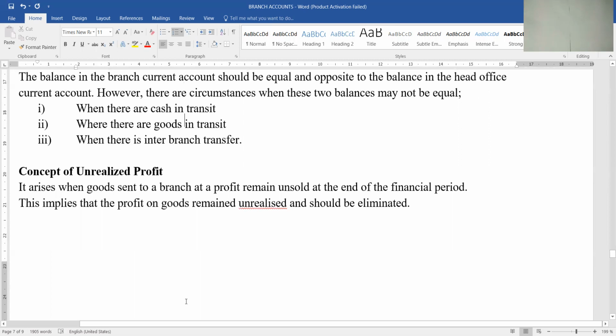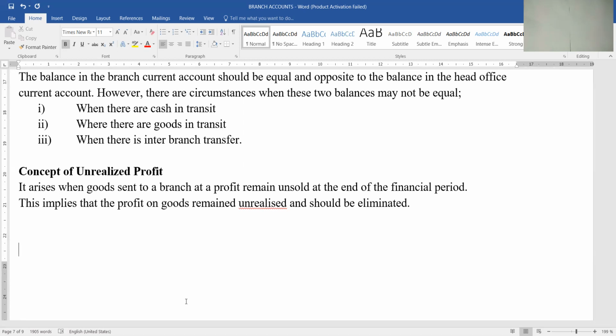Then we have the concept of unrealized profit. When we talk about unrealized profit, you will find that in some scenarios, the stock of the branch is what it received from the head office at a cost plus a profit. So when the head office was selling goods to the branch, it sold at a profit.